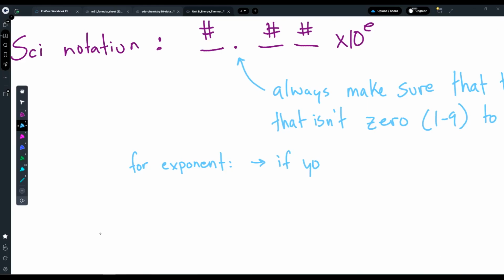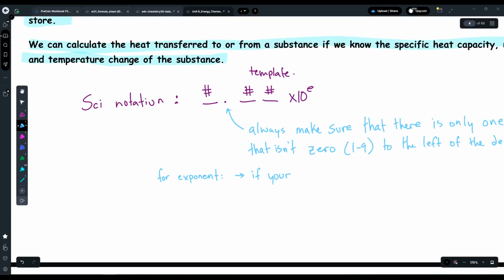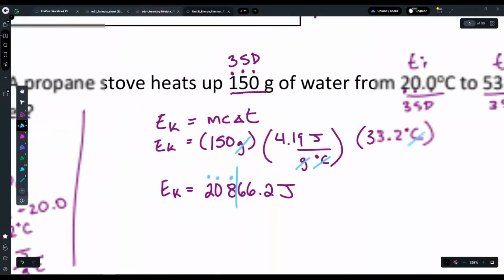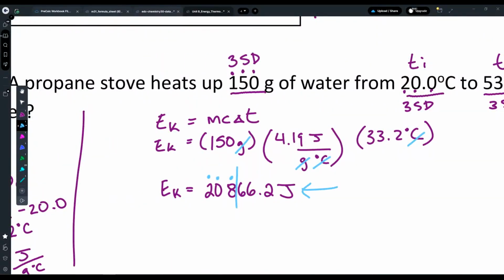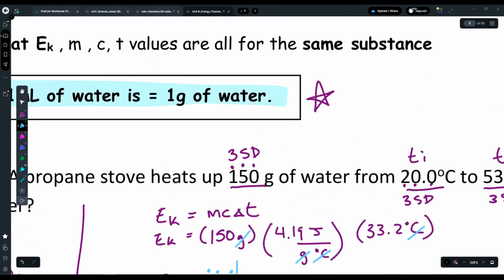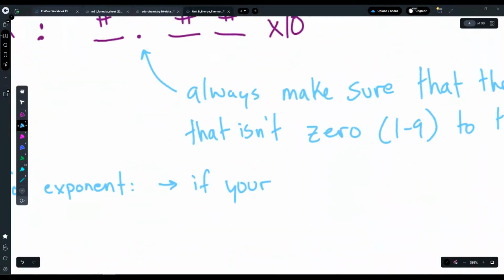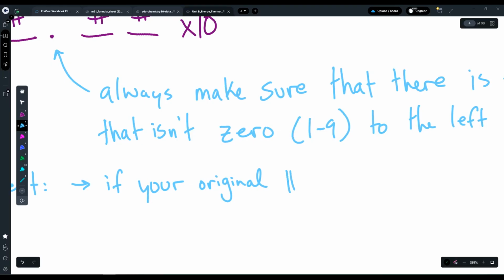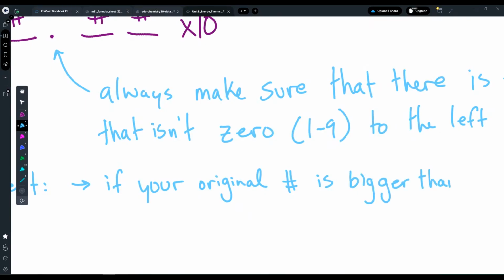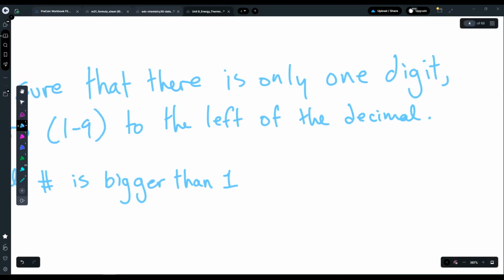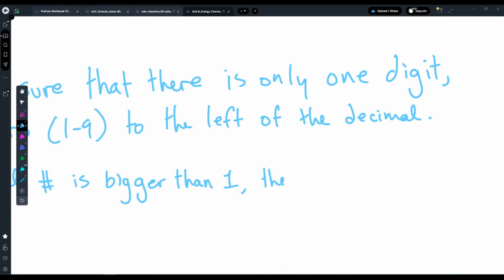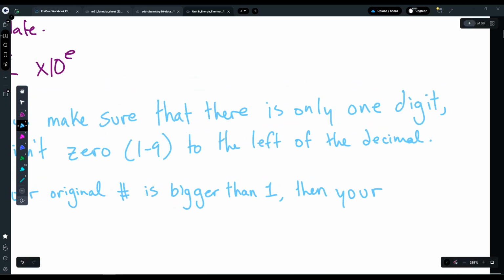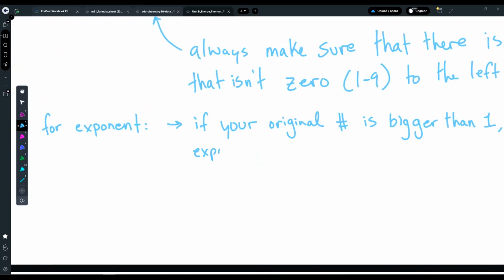So if your original number, and what I mean by original number, so in this question, it would be this number right here, the number that is not in scientific notation, is bigger than 1, then your exponent is positive.